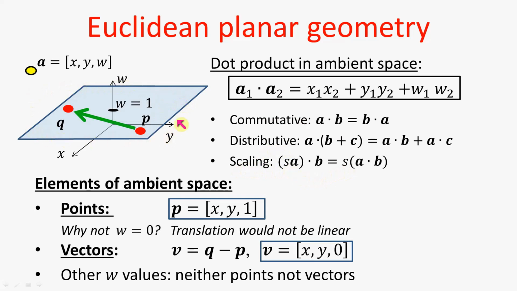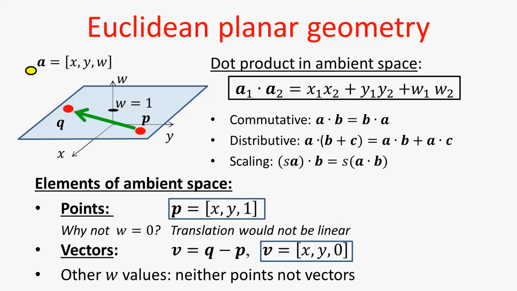Euclidean geometry is embedded into the ambient space by requiring the extra coordinate w to be equal to 1. So points of the Euclidean geometry must have a coordinate triplet where the first two Cartesian coordinates are extended with a constant 1 value.